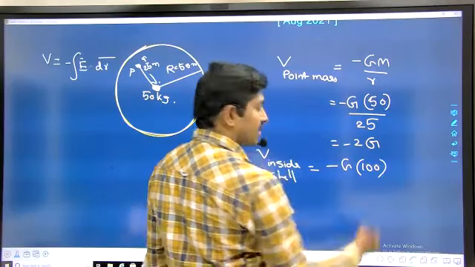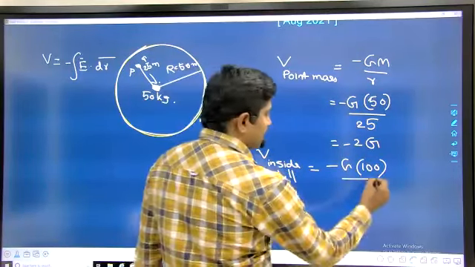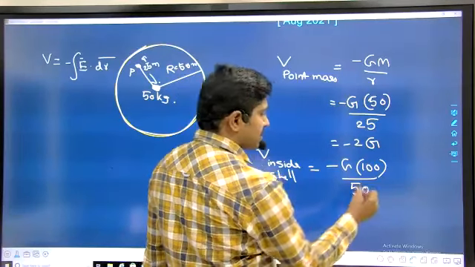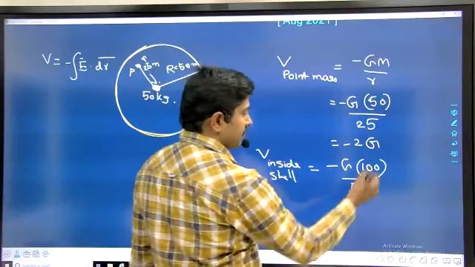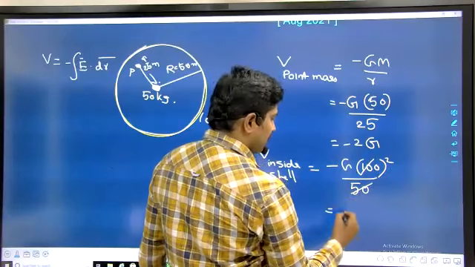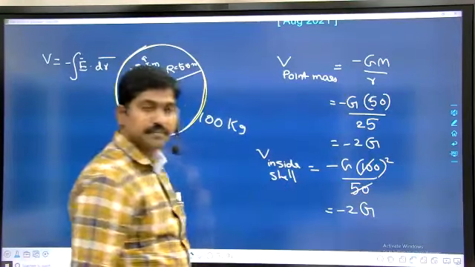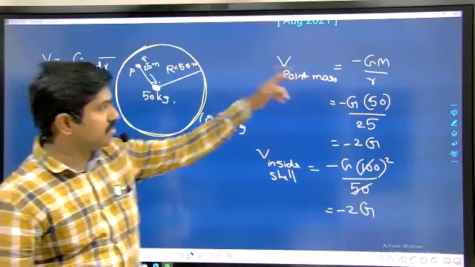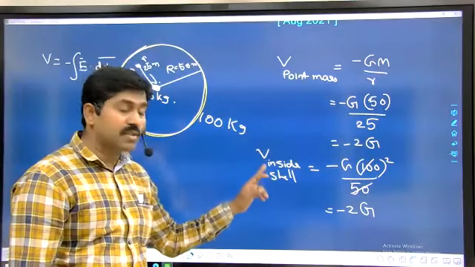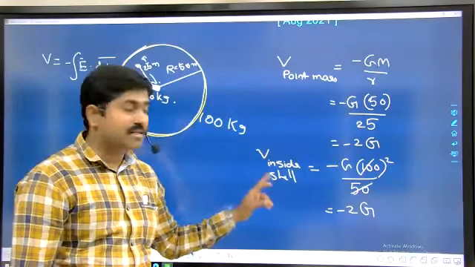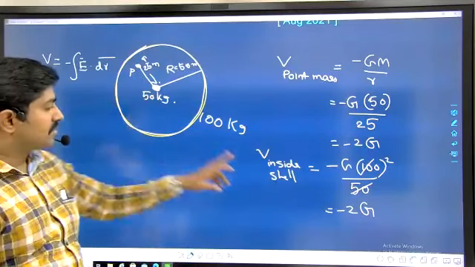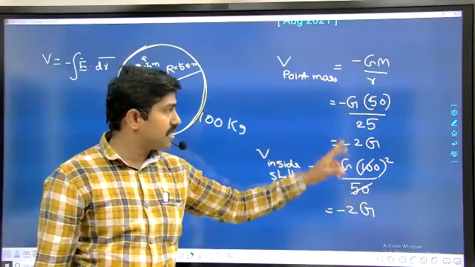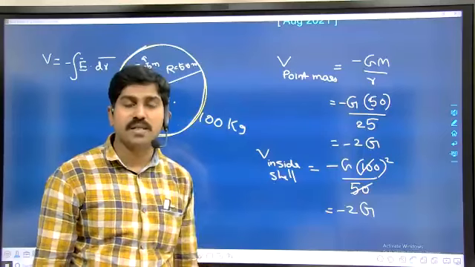What is the mass of the shell? 100. On the surface, what is the distance? 50. So that is 2G. This will also be minus 2G. That means the potential due to the shell at any point inside is equal to the potential on the surface. So this is minus 2G, and this is minus 2G.